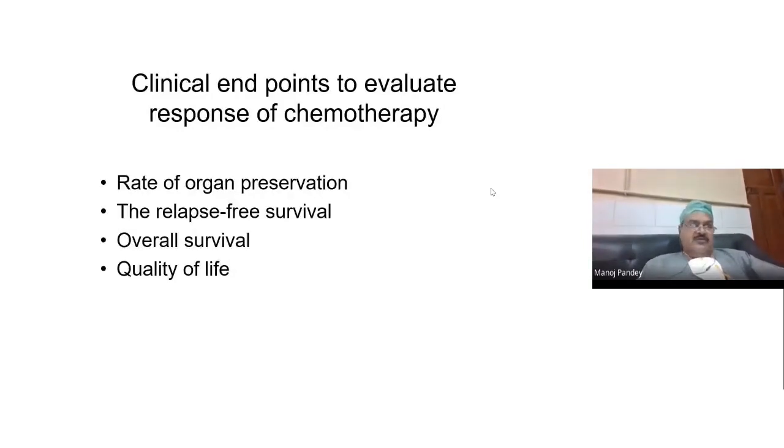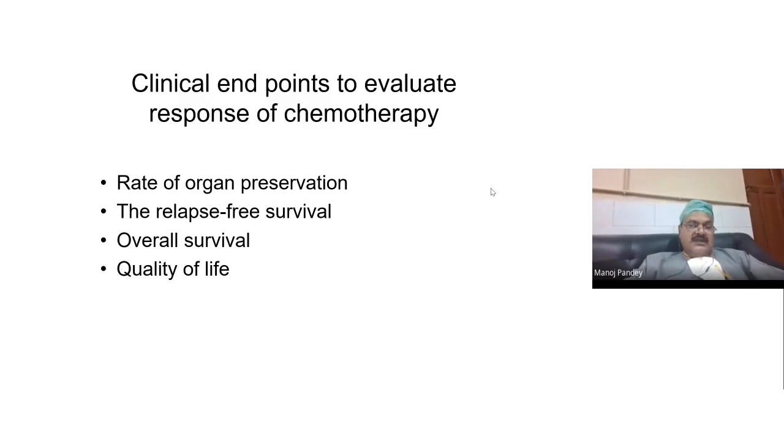Now, apart from the chemotherapy response, there is something called an endpoint, or at the end of the therapy, when you evaluate the patient, what are the things that you look for? As I said, for induction chemotherapy for solid tumors and neoadjuvant chemotherapy, you look at the rate of organ preservation, that is, how many of the organs were preserved or you had to remove the organ.